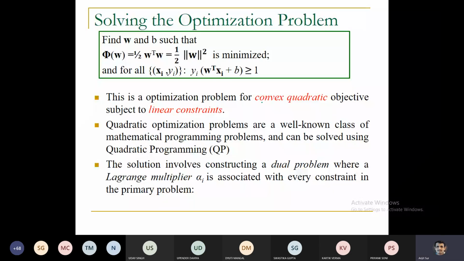Quadratic optimization problems are a well-known class of mathematical programming problems and can be solved using quadratic programming. Now the solution involves constructing a dual problem, where a Lagrange multiplier alpha i is associated with every constraint in the primal problem. We have to define the primal problem and find this dual formulation.